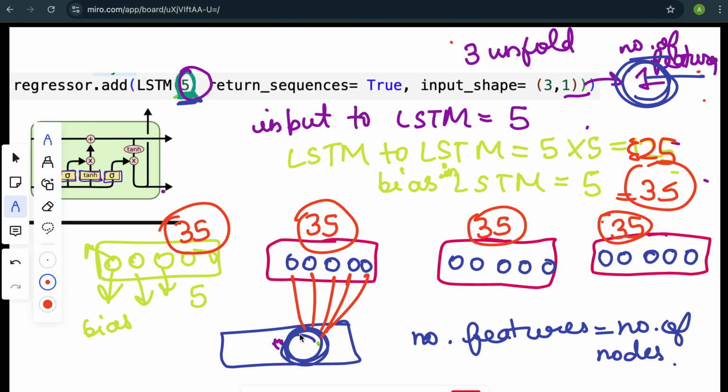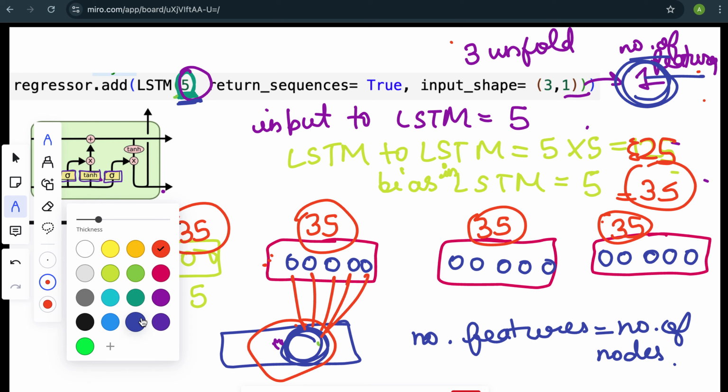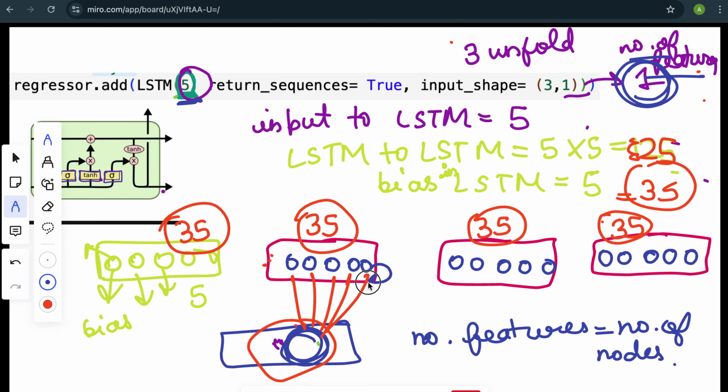First of all, there will be a connection of the input box to the LSTM box, and then there will be the connection of LSTM nodes with LSTM nodes themselves, and then we will have biases, one per node. So we'll have a total of 35 times 4, because there are 4 boxes here.